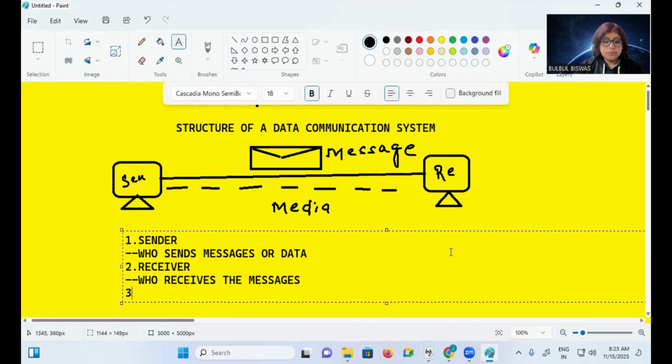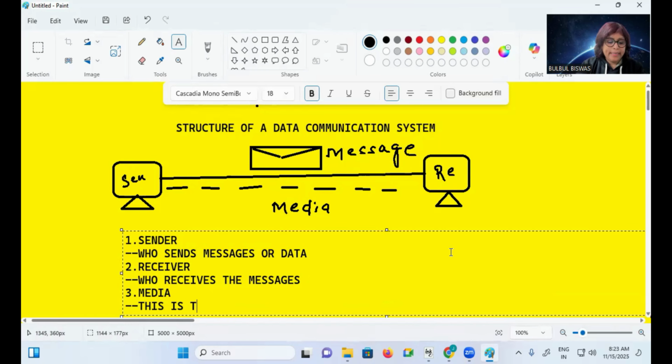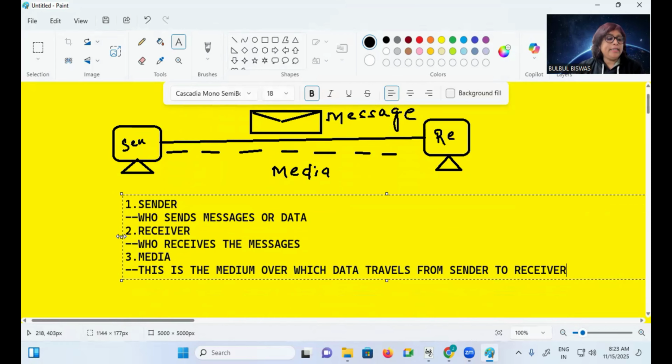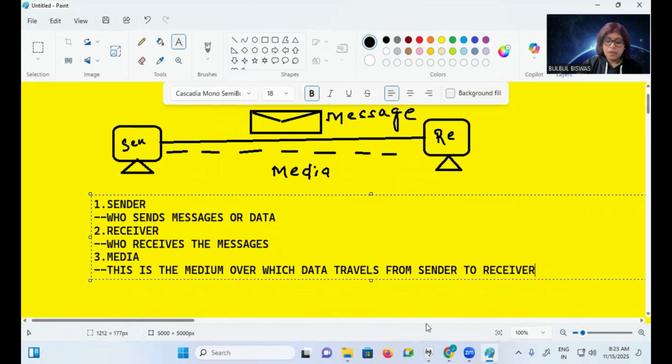Third, what is media? This is the medium over which data travels from sender to receiver. Without that media, we cannot send any data.